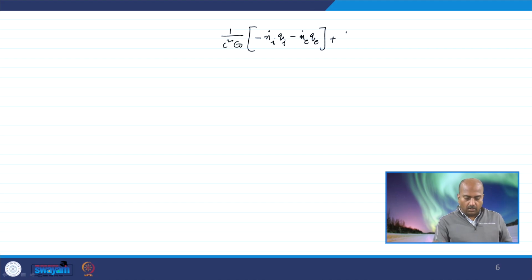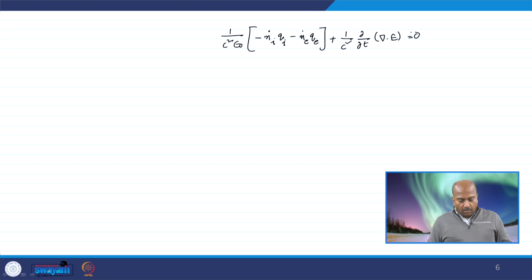We can write it as 1 by c square times epsilon naught times minus ni qi minus ne qe plus 1 by c square dou by dou t of del dot E is equal to 0.